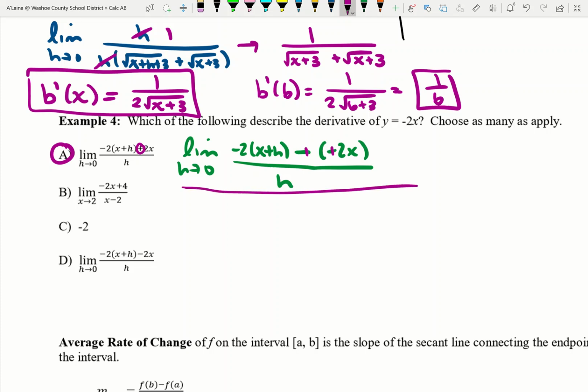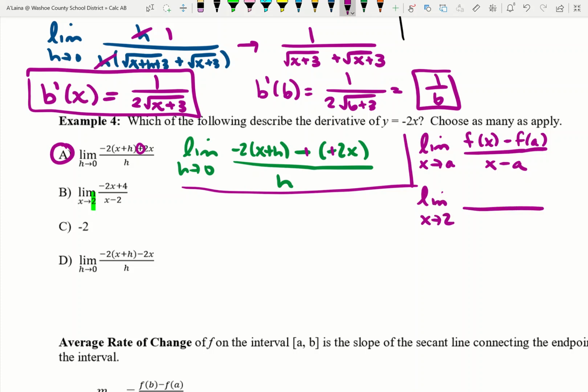For part B, you may not recognize this one. This one is in the form of the limit as x approaches some constant a of f of x minus f of a over x minus a. Well, in this particular problem, a is the constant 2. So let me see if I can rewrite this specifically for this function.